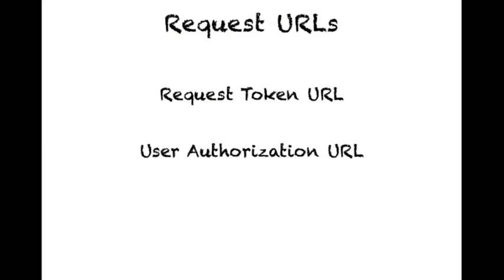The user authorization URL is the URL wherein the unauthorized request token is passed on by the consumer for user authentication. Then next is the access token URL. It's the URL wherein the authorized request token is passed on to the service provider, and the request token will then be processed and the service provider will respond with an access token.